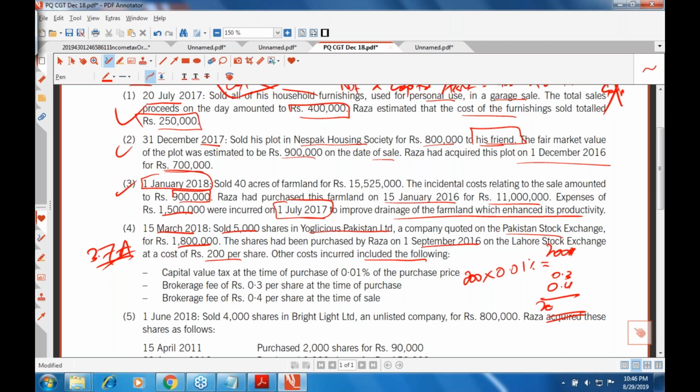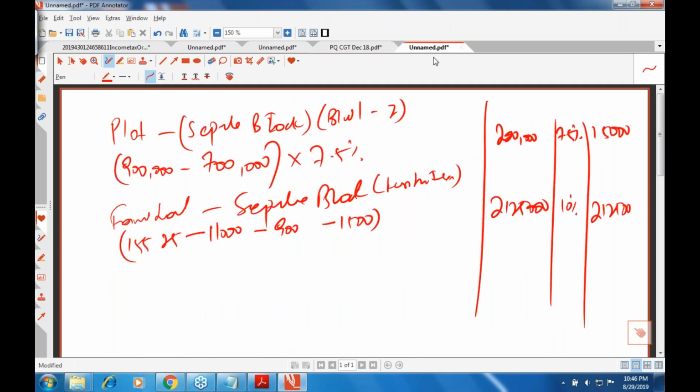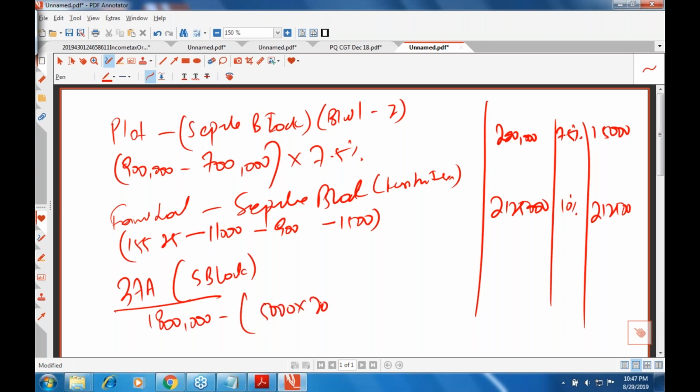So this is actually going to be 200.72. Now, section 37A is again a separate block of income. The listed company: it's going to be 1.8 million minus 5,000 into 200.72.